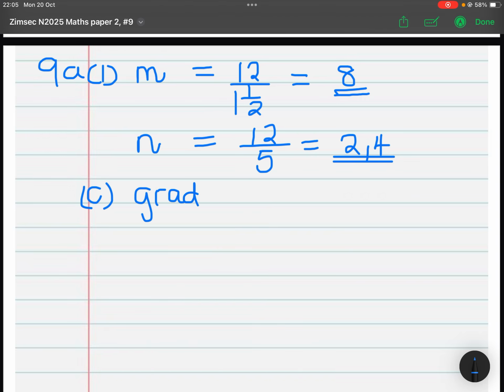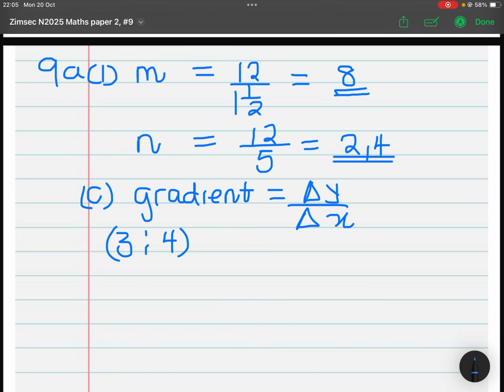So we are going to say this is now part C, right? We say gradient is equal to change in y over change in x. So we select 2 coordinates that are lying on our tangent. I have selected 3, 4, and also I have selected 2 and 5.6.